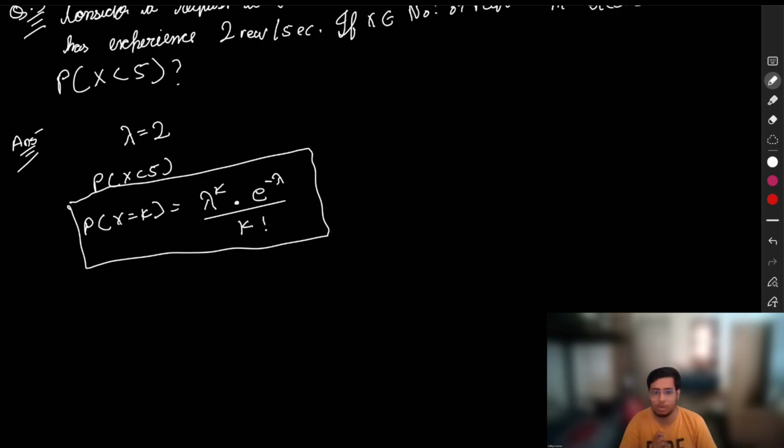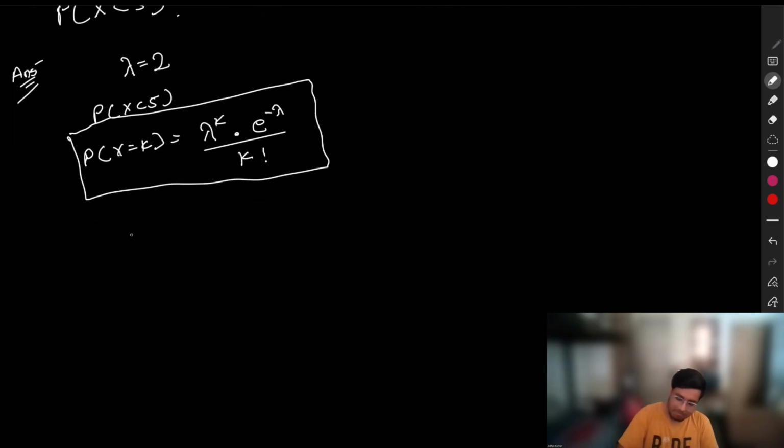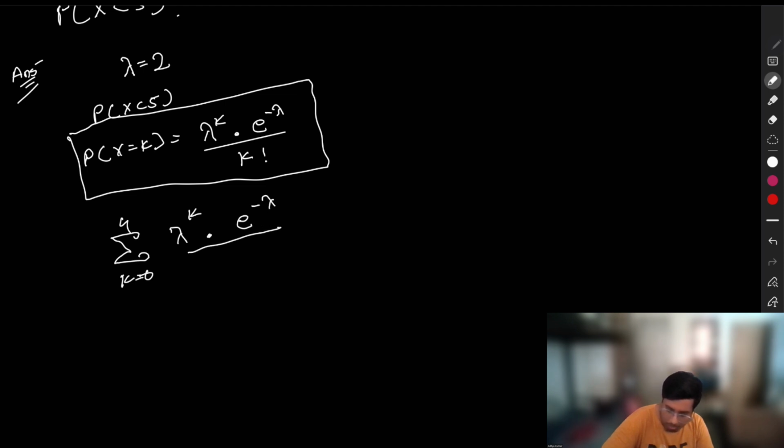So we are going to take the help of summation, k equal to 0 to 4, lambda raised to the power k multiplied by e raised to the power minus lambda, upon k factorial.